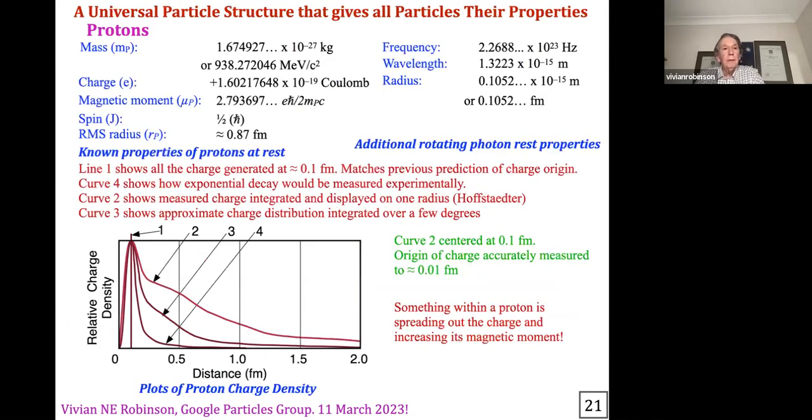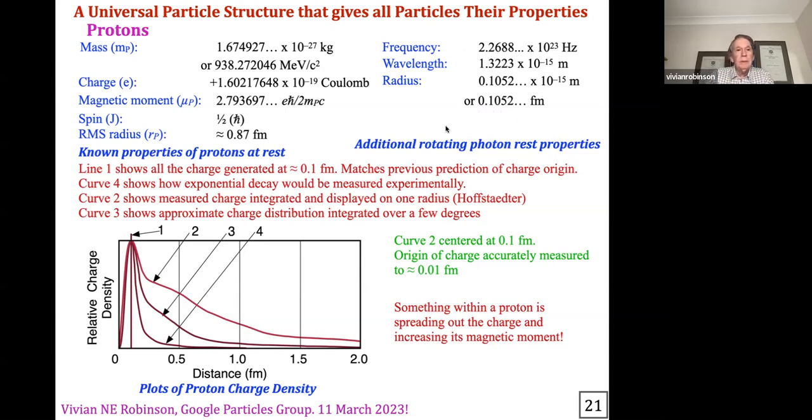Next, we come to photons. They've got the usual list of properties, charge, but the magnetic moment is beyond the charge times radius situation. Its frequencies are these values times 10 to the 23 hertz, and its radius is 0.1052 FM.